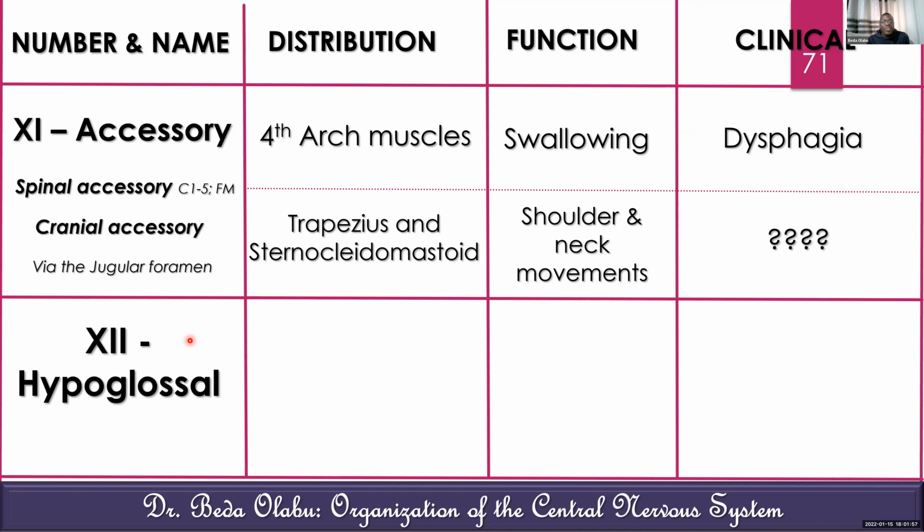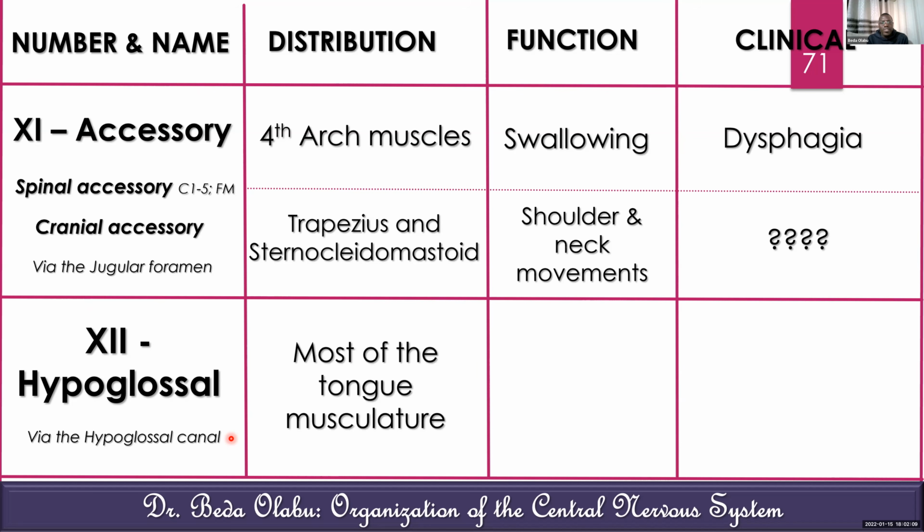The last cranial nerve, hypoglossal nerve, exits the cranial cavity through the hypoglossal canal. That's the foramen of exit of the hypoglossal nerve. It goes to most of the musculature of the tongue. Again, not all of them, because there's one that is not supplied by this. The one that's not supplied by this comes from the palate to the tongue.